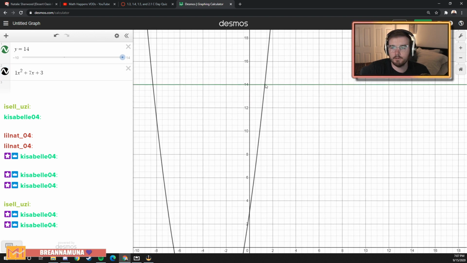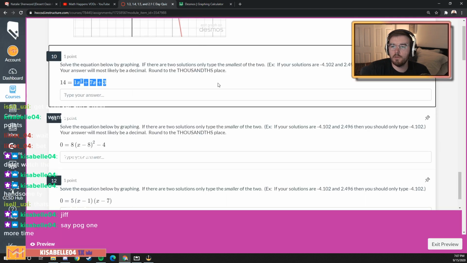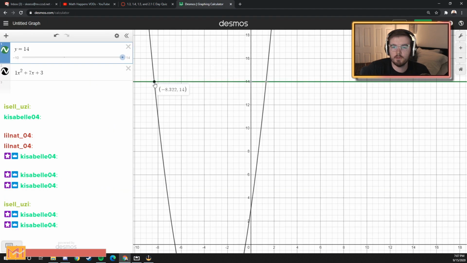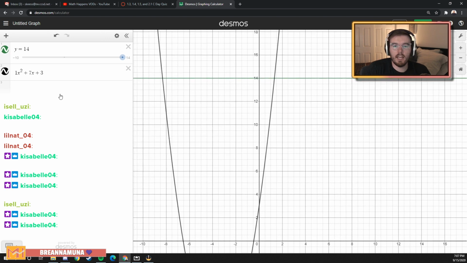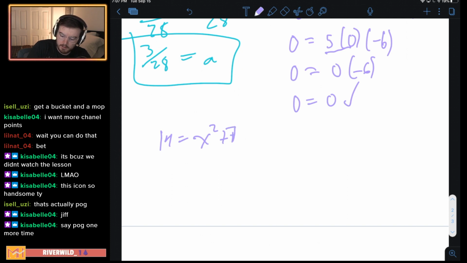Okay? So right there, or what are we looking for? We want the smallest of the two again. So the smallest one is negative 8.322. So again, what this means, maybe I'm skipping over something that's obvious to me, but not to you. I want to know what x value, when I plug in, I can plug in any x value, right?